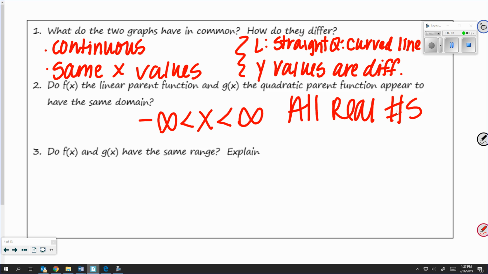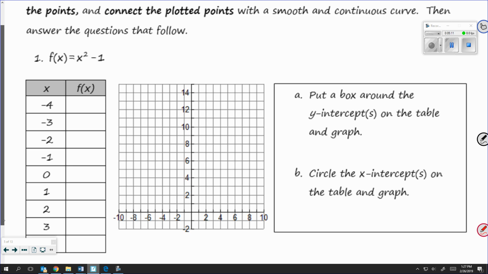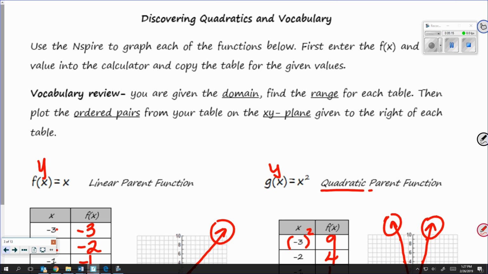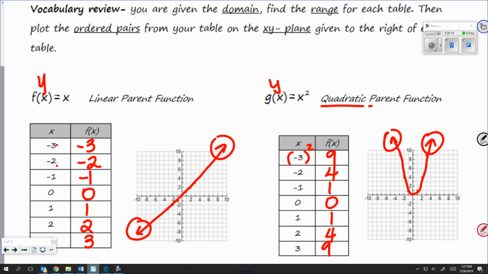For our range, is our range the same? If we look, we have an arrow going up and an arrow going down for our linear. But if you look over here, we only have arrows going up, so we can continue going up. But what's the lowest that it can go? The lowest it can go is 0.